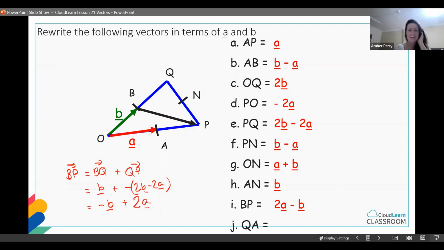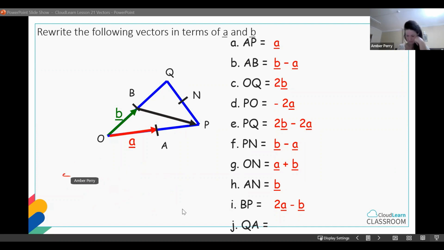Okay, and finally QA then. See if we can get this one finished, and then we can look at magnitude for the last 10 minutes. Okay, good, we've got an answer.